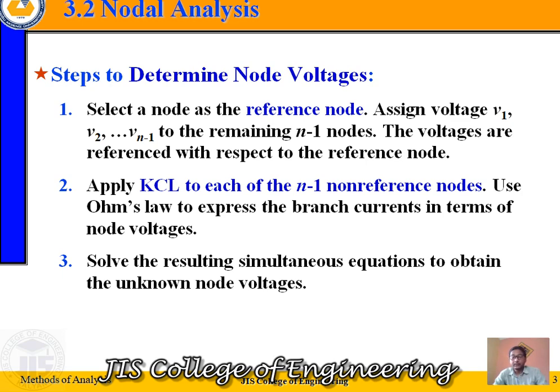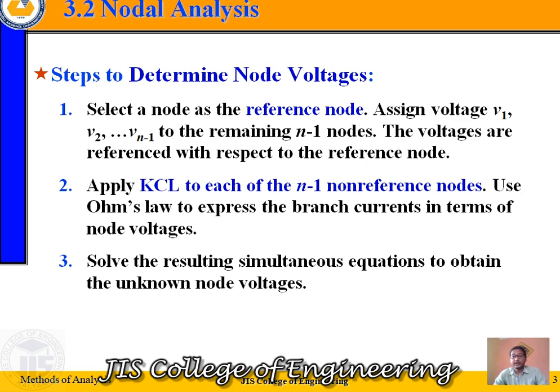So what is the purpose of these non-reference nodes? For these non-reference nodes, we have to assume some voltages: the first non-reference node we consider having a voltage of V1, the second V2, similarly V3, V4, V5, and whatever the remaining nodes, we put the voltage as per our choice.